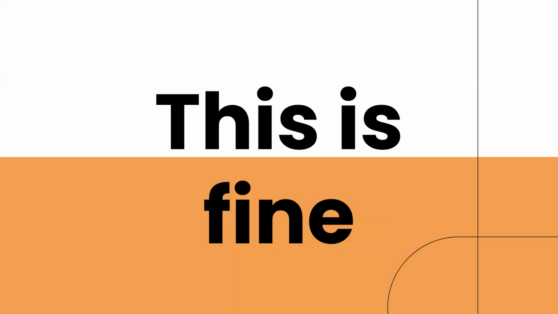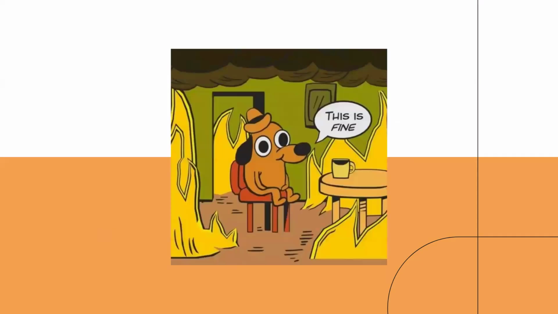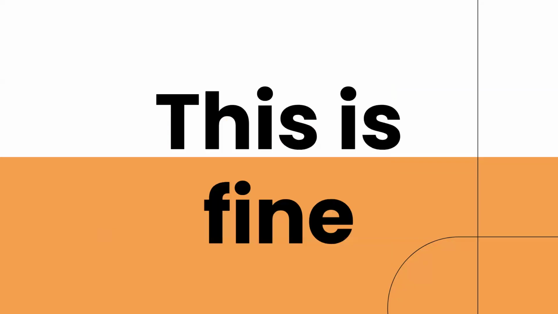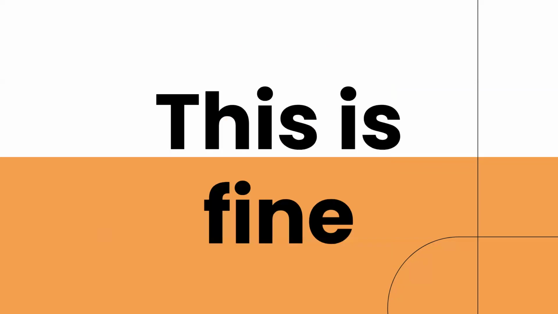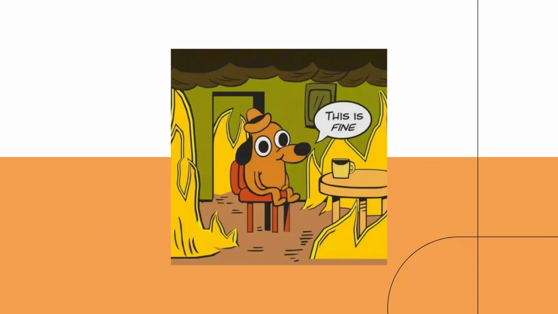But what if I show, for example, this is fine? Those were two different modes. One of them was only linguistic. This one is also visual, right? So this one means one thing. This one is a meme that means something else.